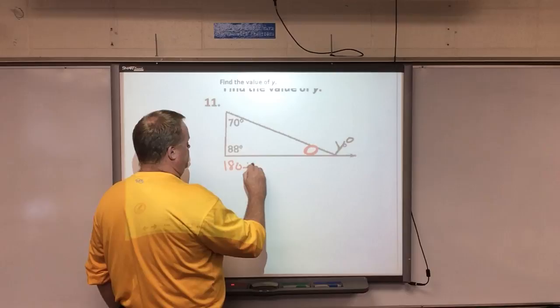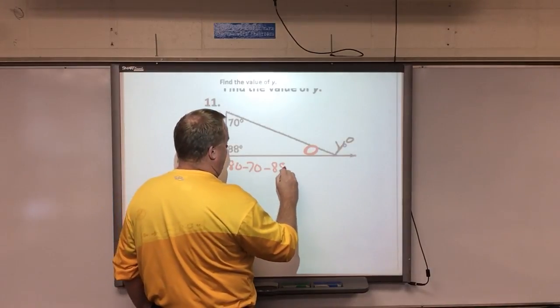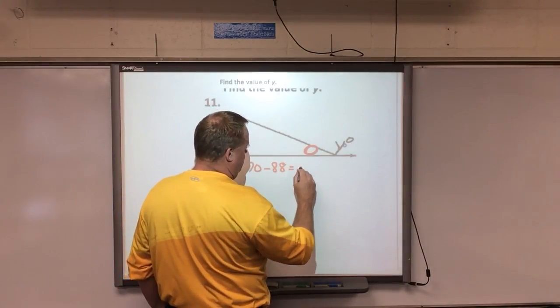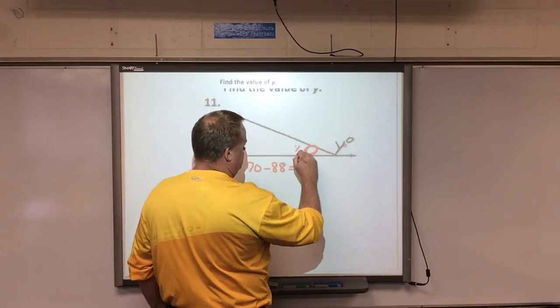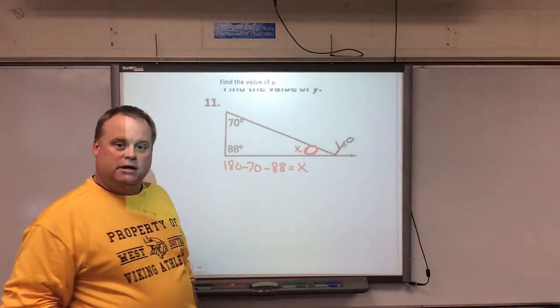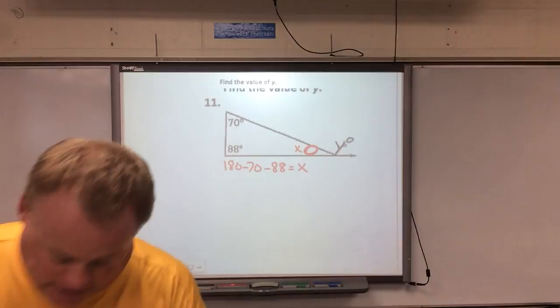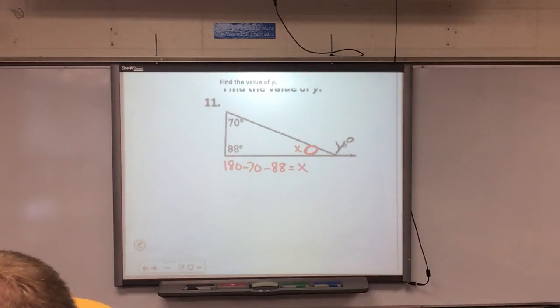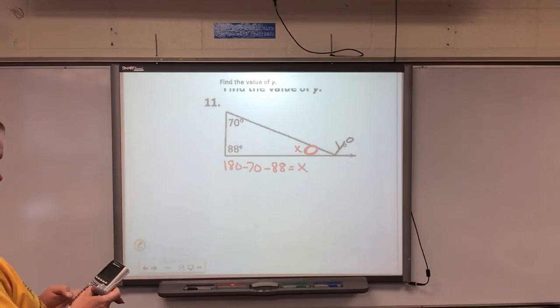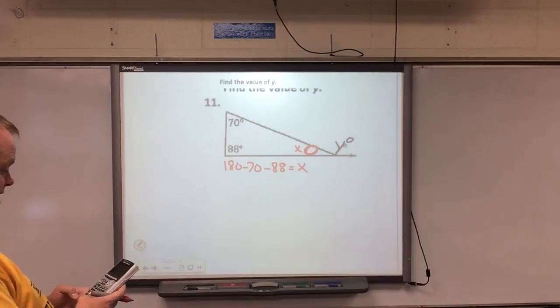180 minus 70 minus 88 equals this unknown angle, which I'm going to label x, okay? So I'm just going to label it x. It's my unknown, right? Let me grab my calculator. I have 180 minus 70 minus 88.